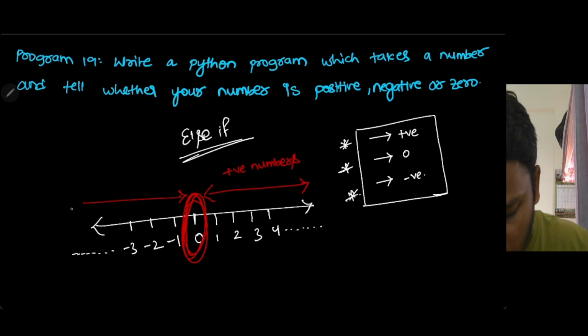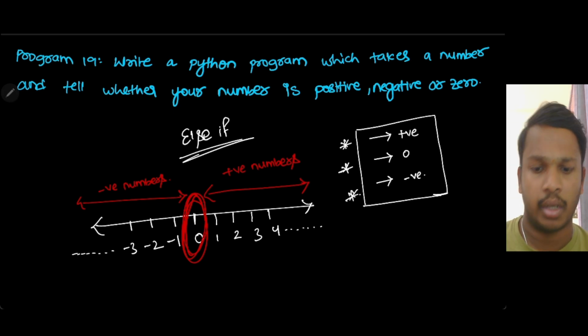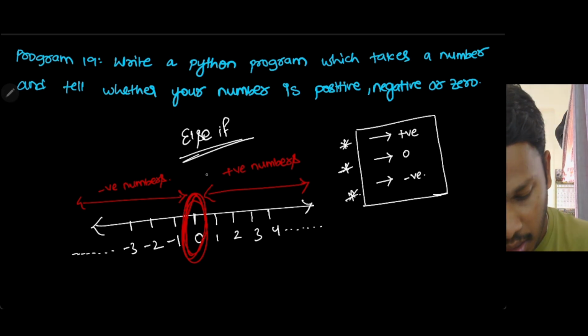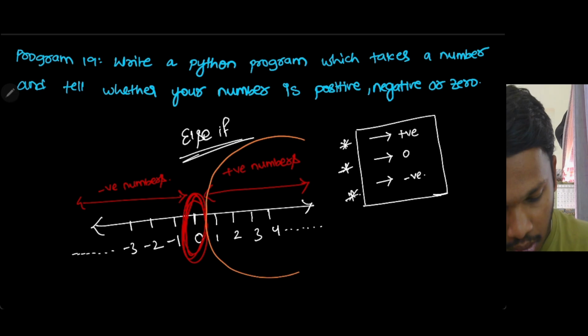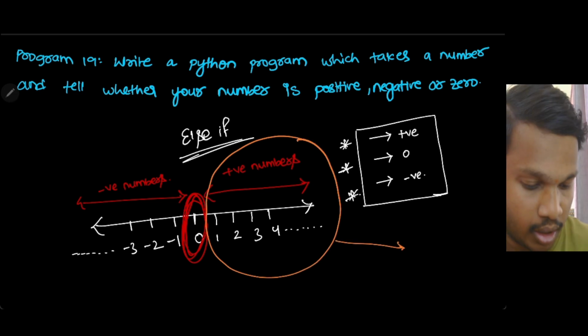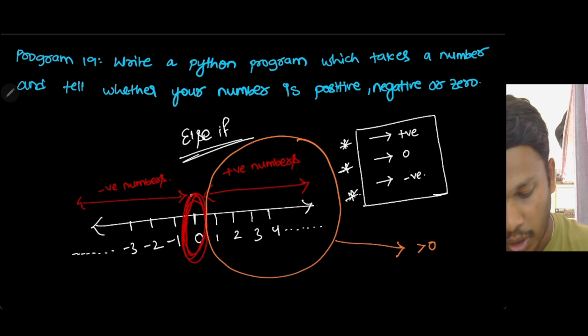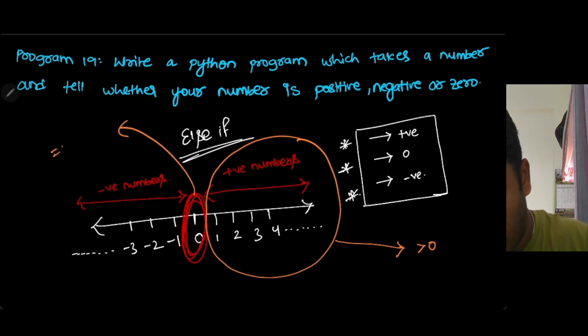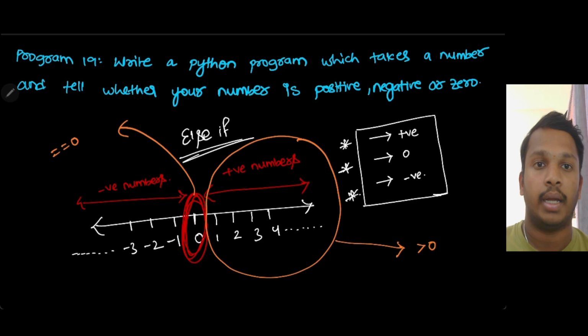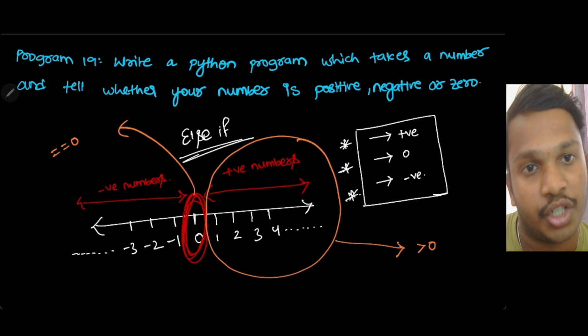Similarly, all numbers on the left side are known as negative numbers. Am I right? What is the condition for the right side numbers? If the number is greater than 0. How do we get the number equal to 0? If it is equal to 0, then it is zero.